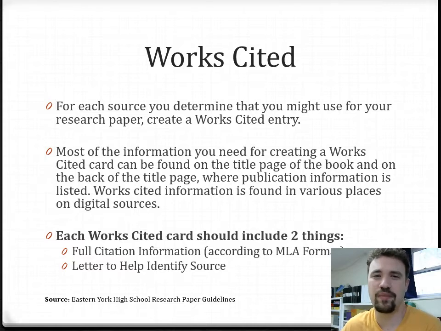And I know you guys might be using a lot more digital books given our current setup. But it's usually the same in digital books as it is in physical books, and so that kind of carries over. Publication information for things like journals and websites may be a little bit trickier to find. You're just going to have to explore the pages to find the correct information.